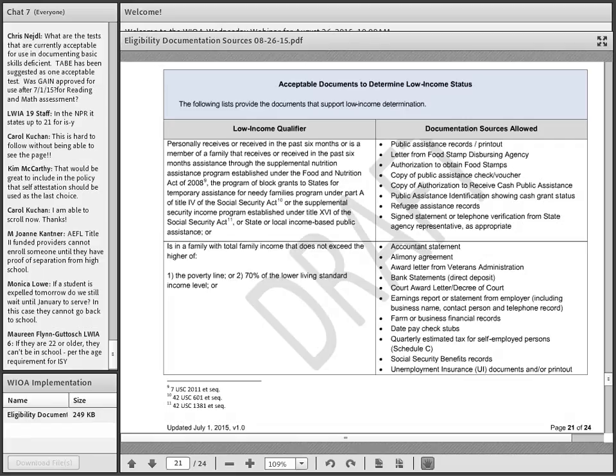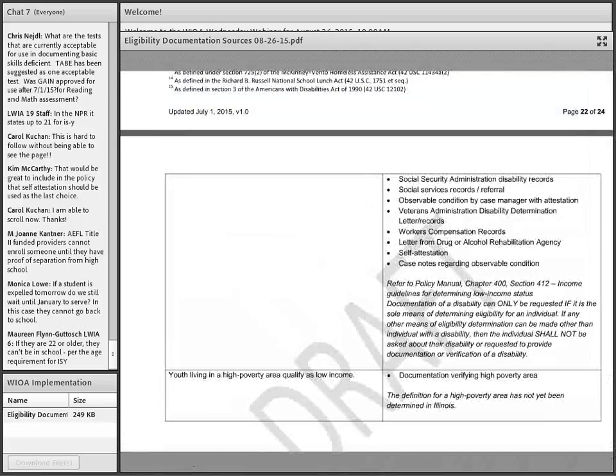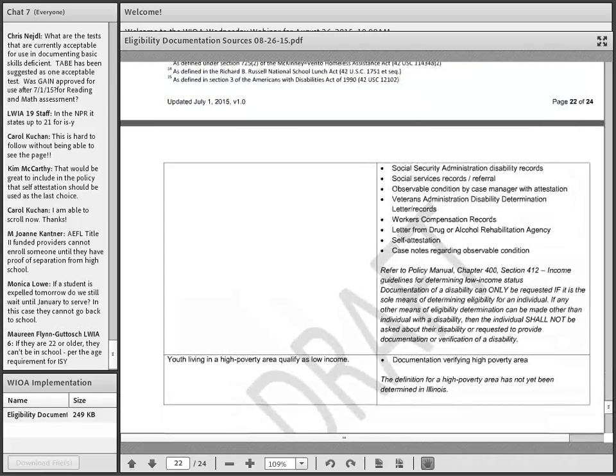And then you have the new criteria about living in high poverty zone areas. That hasn't been ironed out yet through our policy unit. I know they're doing a lot of work on it. So if you have a client who's an in-school youth who doesn't meet any of the other low-income qualifications, but you think they do meet the high poverty area criteria, contact Mark Burgess or myself directly, and we'll be glad to work with you to make sure that we have the proper documentation.